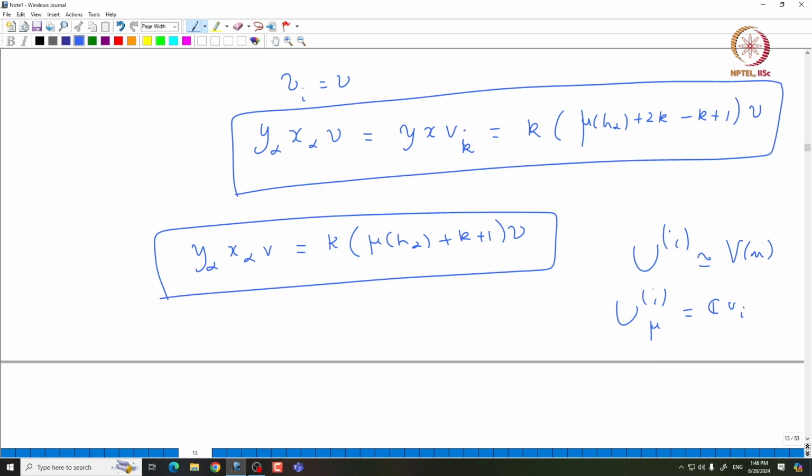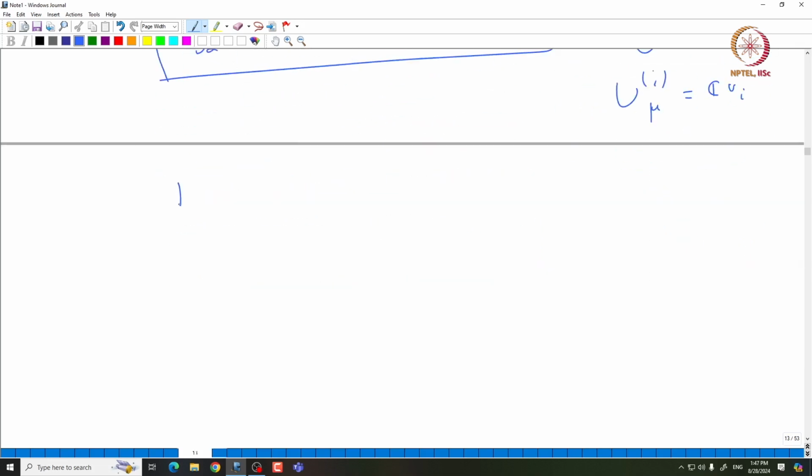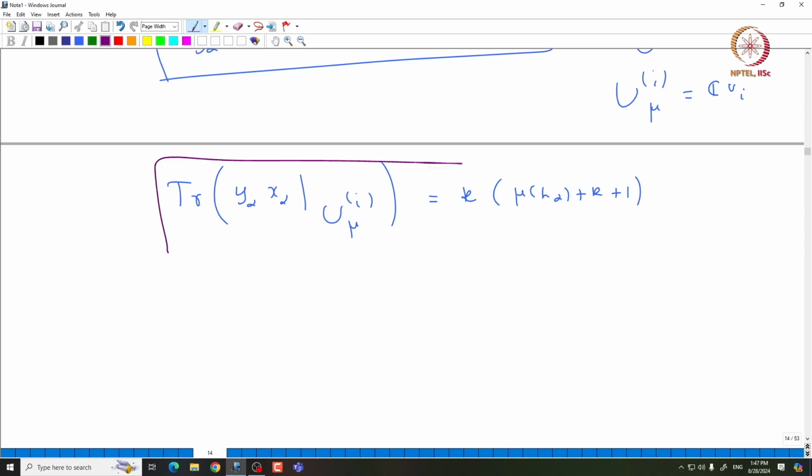So, the trace of this y alpha x alpha restricted to this Ui mu is exactly equal to k times mu of h alpha plus k plus 1. So, that is what you get by calculating the trace on this.